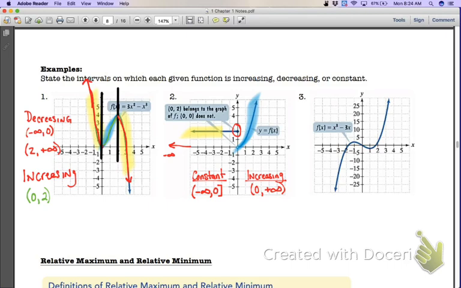Number 3 is pretty similar to number 1 in terms of where everything's at, where my different windows are, where it's decreasing, and where it is increasing.